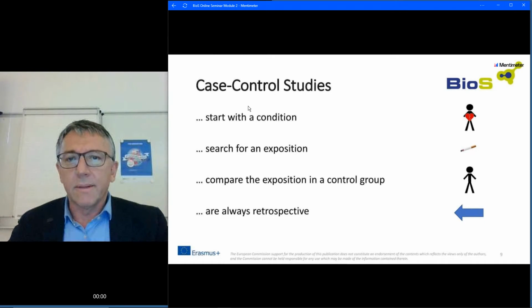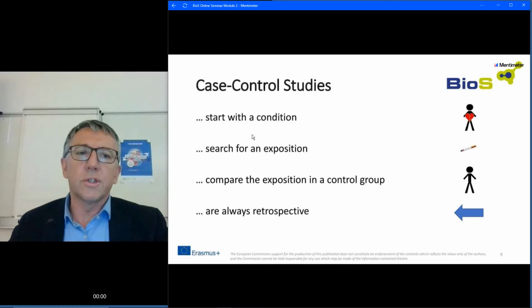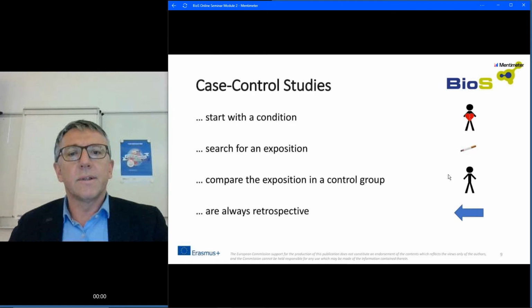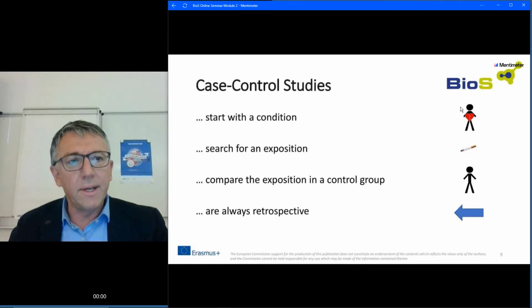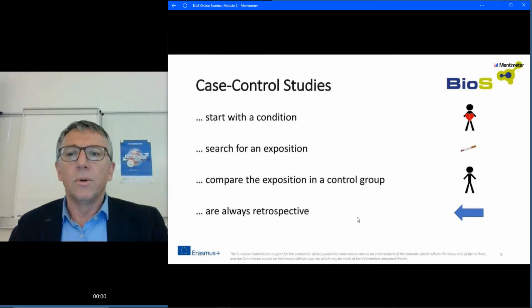And then you look for a control group. You identify individuals that don't have the condition, they have not had a heart attack, and you look also for the exposure. But you always start with the cases, and you go backwards in time, and you look whether there is a condition that might be responsible for the development of the disease.